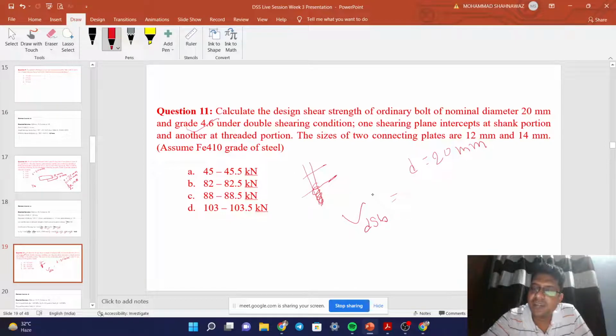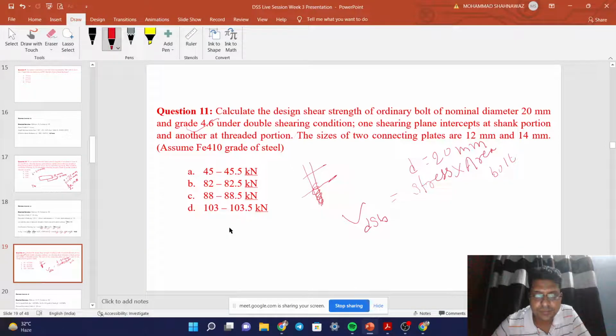So what it will be in general concept, it will be stress into area, and this is for bolt, so we have to consider area of bolt. Sir, option D, 103 to 103.5. What exact value you are getting? Are you getting 103 or 103 point something? 103.31. Okay, thank you.